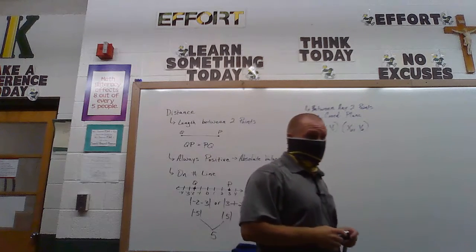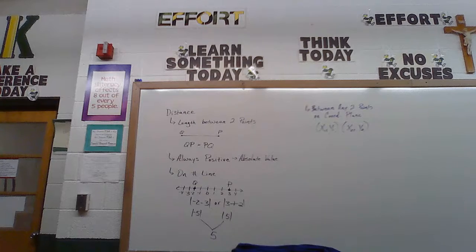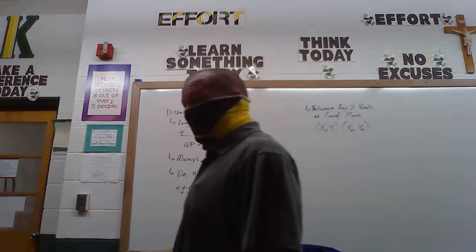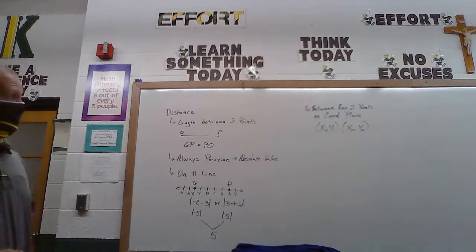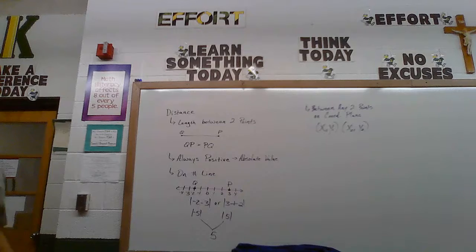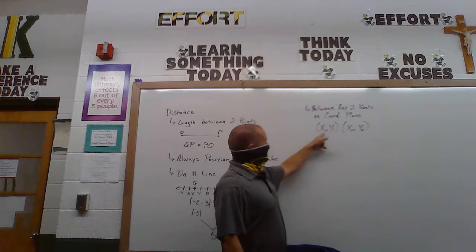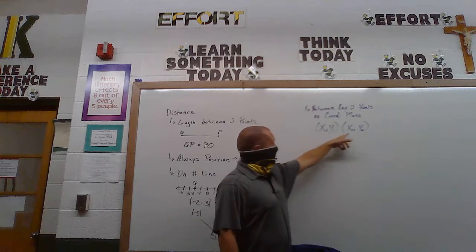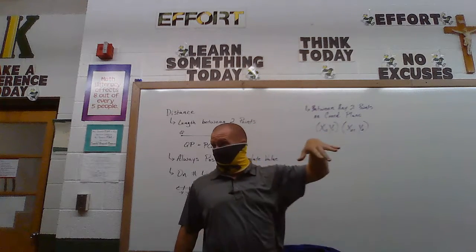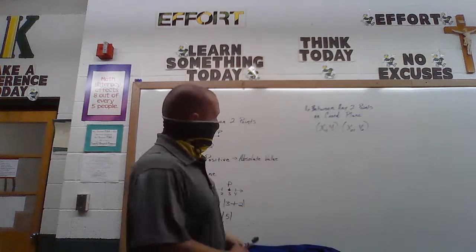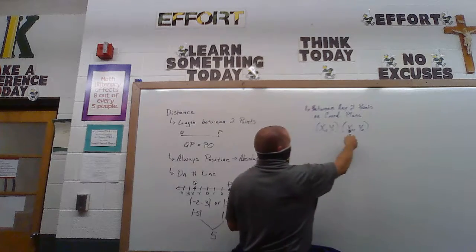Any idea? Not exponents. We've actually said this word before, just a little while ago when we were talking about lines. These are actually called subscripts. So this is x sub 1 and x sub 2. It just means that it's sub or below. Okay. So I'm doing this in general.